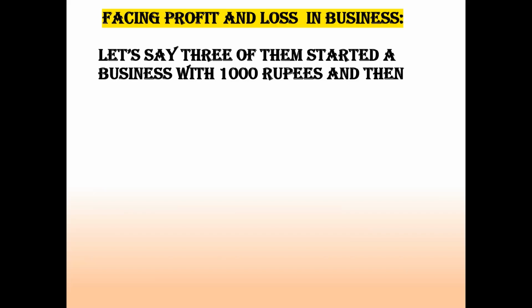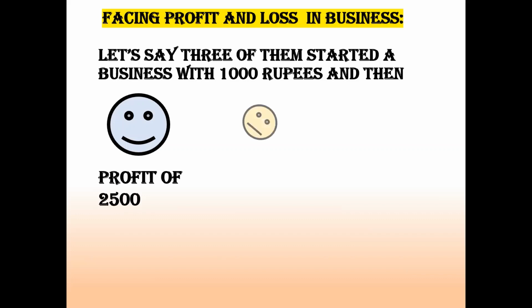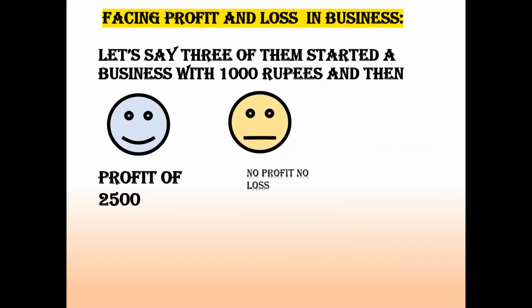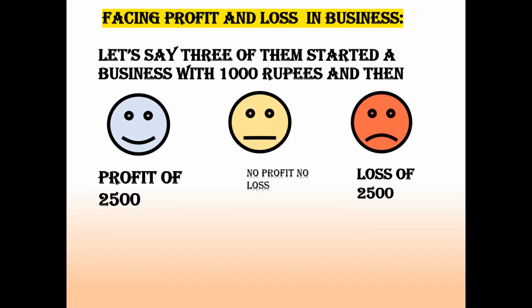One way is we can write all profits in the column of profit and all the losses in the column of loss. Suppose, for example, you get a situation where 3 friends who have started a business with 1000 rupees met each other at the end of the year.